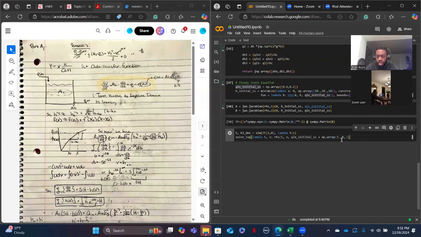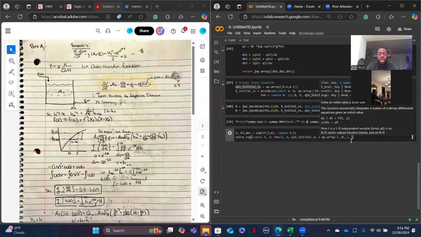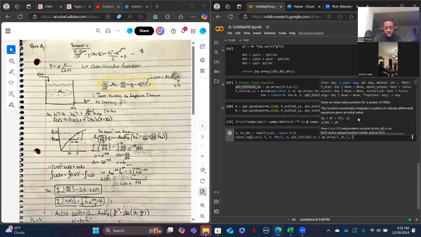After this, we do our time span, our T span. Let me move this up here so you can see better. Our T span is just from 0 to our last time component that we have for our function. Then we have our initial guesses, which is just our height initials, steady state.